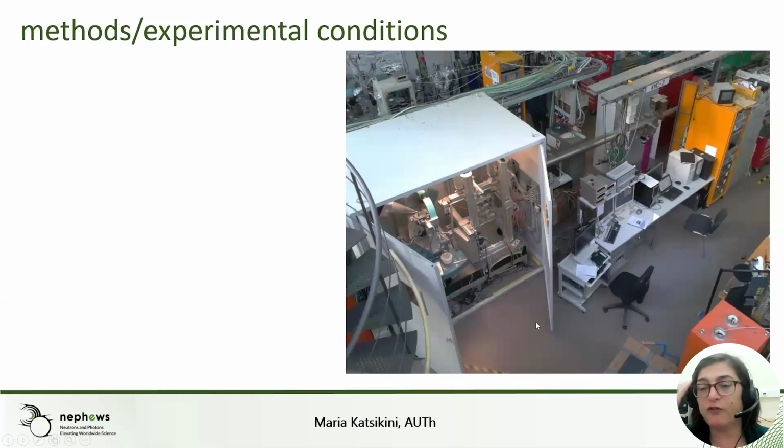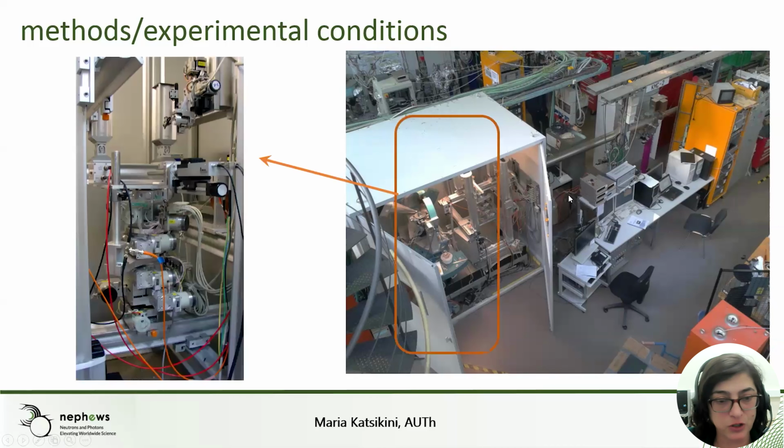A top view of part of the beam line is shown here in this photograph. In this pipe, the X-rays are propagating. This is the experimental hatch. Of course, during the measurements, the doors are closed in order to protect the users from the radiation.